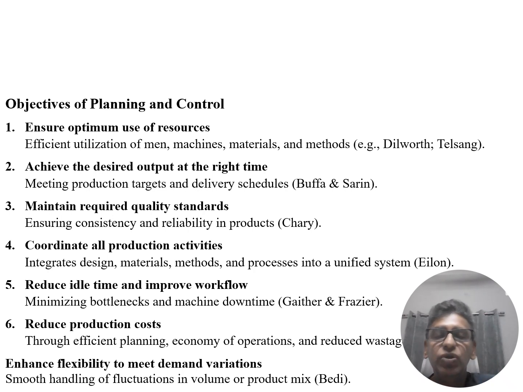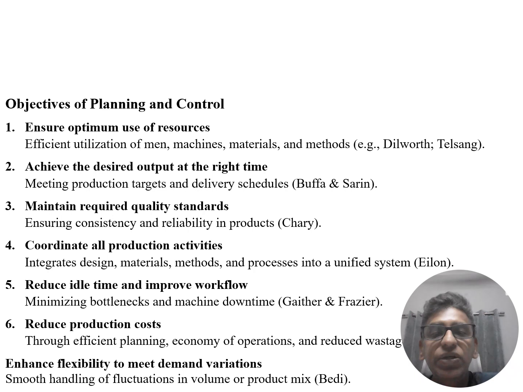Similarly, the machines, we can group the machines by using a group technology concept so that you can efficiently use all the machineries. Materials, you can have different varieties of materials and you can find out the best method to manufacture a particular component.